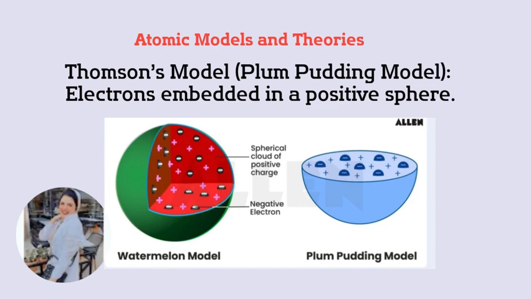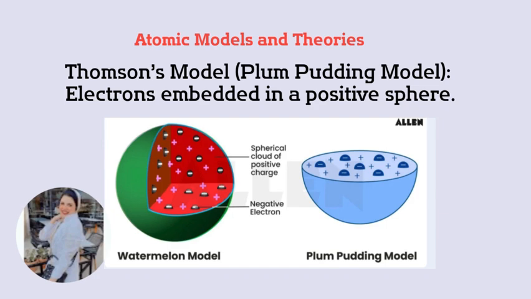So let's imagine together the shape of the atom. The Thomson model said that an atom is like a soft ball, as in the right picture, made of a positive charge inside it and tiny negative electrons like chocolate chips in a cake.